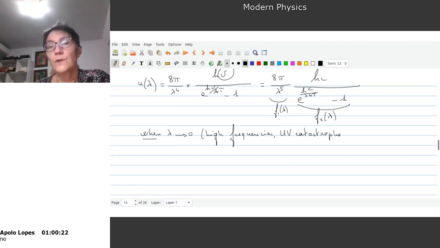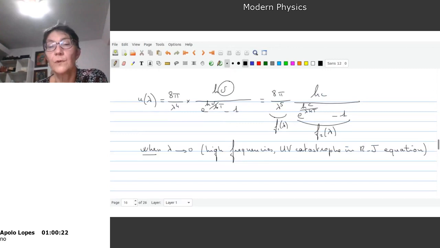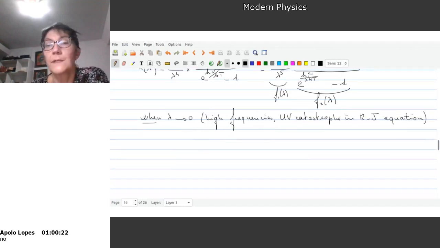Here it diverges: UV catastrophe in the Rayleigh-Jeans equation. So this one is the Planck equation. This equation avoids this problem because you multiply by a function that depends on lambda as well. And so what happens when lambda is very small? So lambda tends to 0.